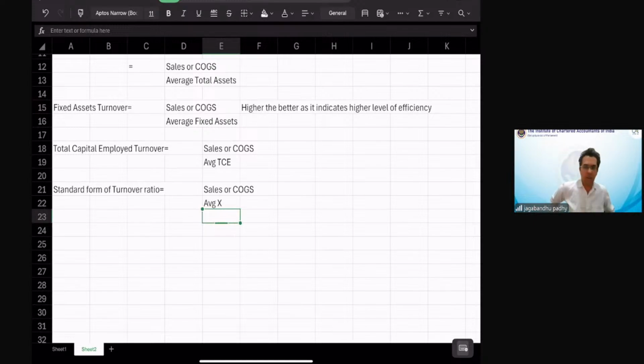It can be capital employed, it can be working capital, it can be current assets, or it can be any other. Okay. Now some of the important turnover ratios we have already seen. These numbers are going to indicate how actively or efficiently they are being utilized.